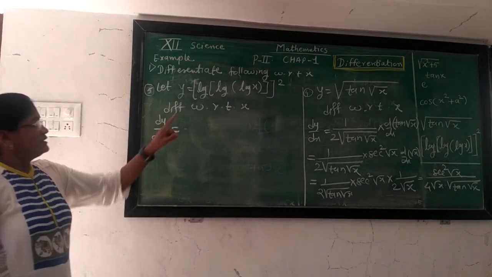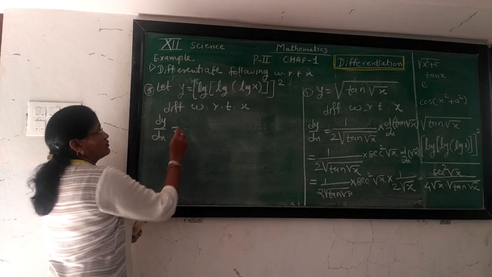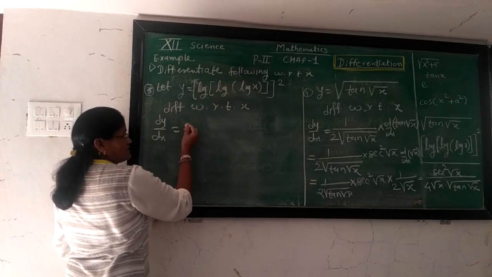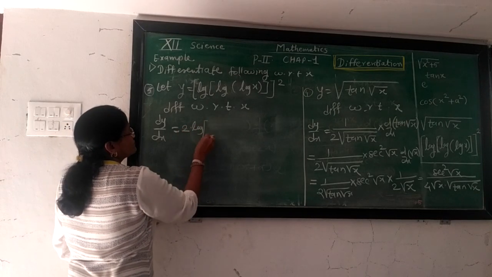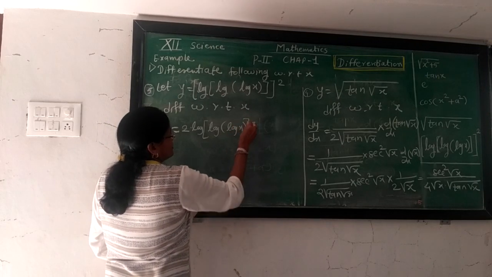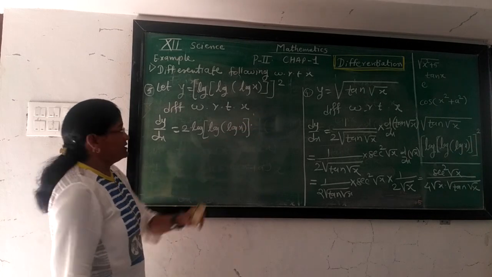We find this function becomes a power function. So we find the first derivative by the power rule, the derivative of x square is 2x, means 2 times log x. The power divided by 1 means x to the power 1 is 1, we cannot write this.